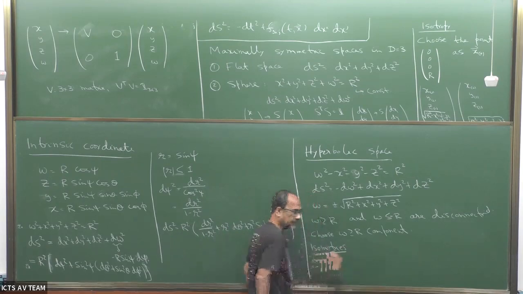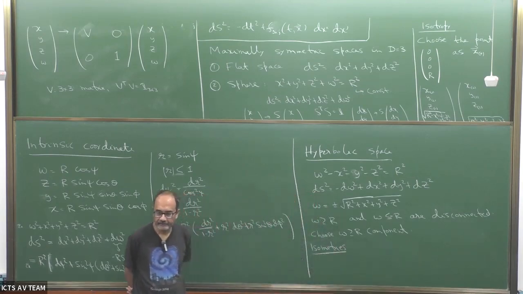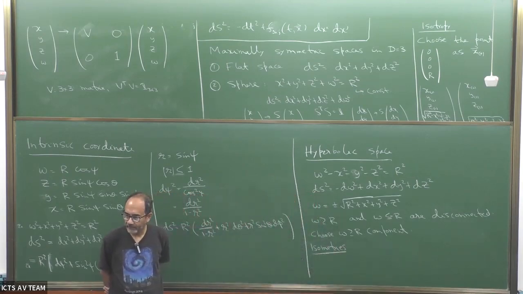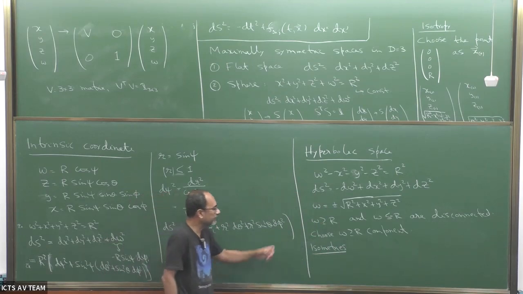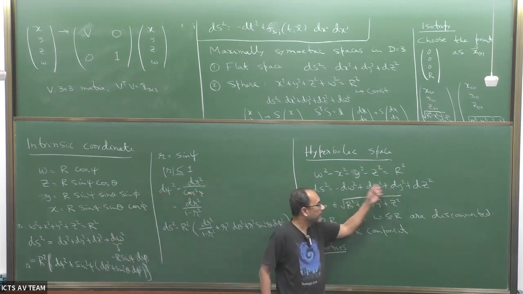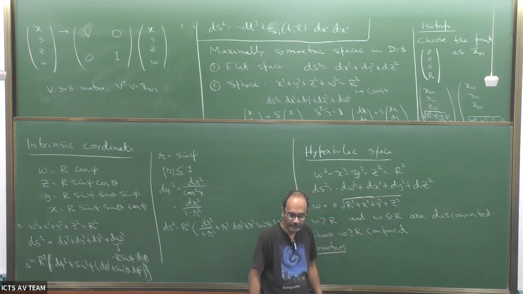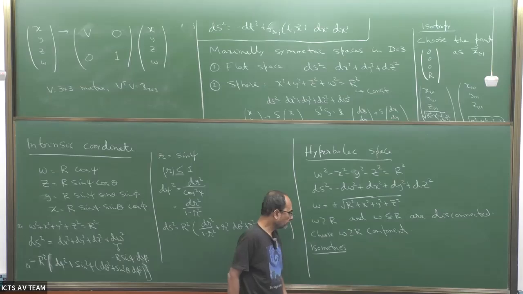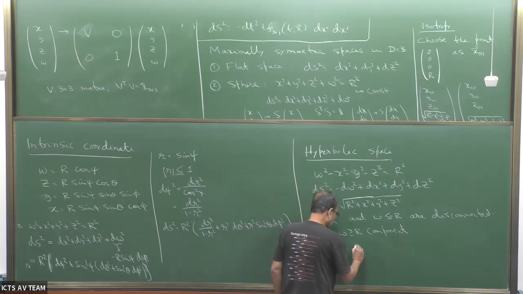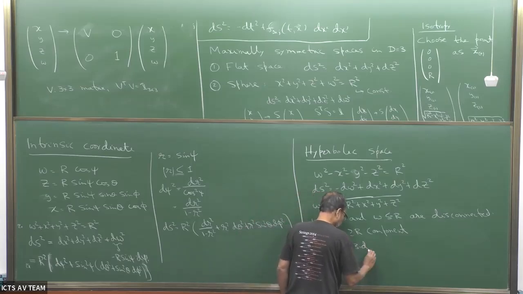Any suggestion what the isometries are? The 3 plus 1 dimensional Lorentz group, right? A 3 plus 1 dimensional Lorentz transformation clearly preserves this metric, and preserves this condition, right? This is a Lorentz invariant vector, and this is basically the Lorentz invariant length square of the vector. So 4-dimensional Lorentz invariance, 3 plus 1 dimensional.